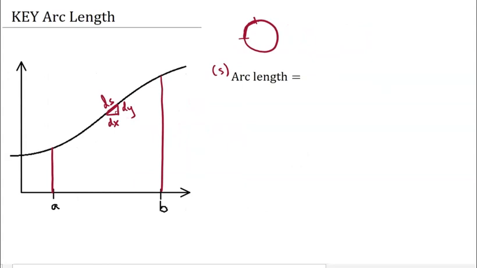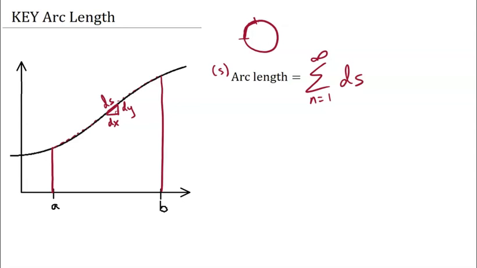So our arc length is going to be equal to the sum of all of the infinitely tiny ds's that we would have if we did this all along the entire curve. It's going to be the sum of all of the ds's, and we're going to go from 1 to infinity of those. But we know from our definition of the definite integral that we can write that as an integral.